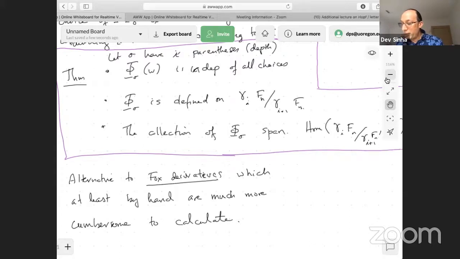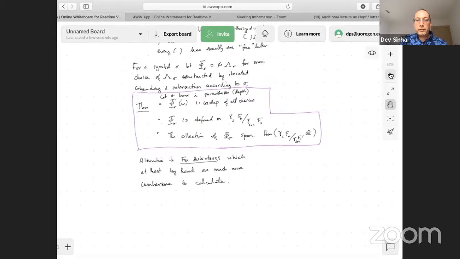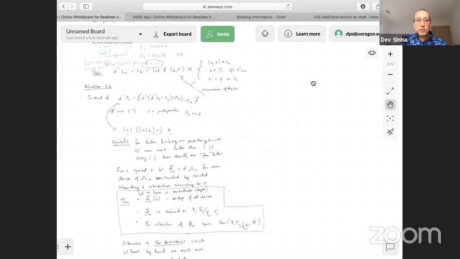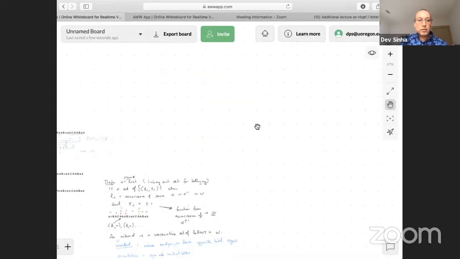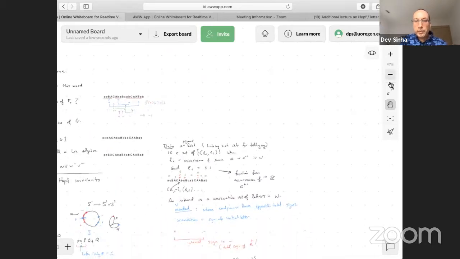Let me navigate to where I have an example. It's going to take a little bit to get there. I did this one ahead of time.